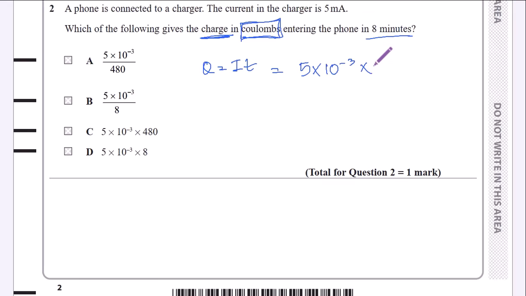And also the time cannot be in minutes. It has to be in seconds. So 8 times 60 is 480. So this is basically 5 times 10 to the power minus 3 times 480. So answer is C.